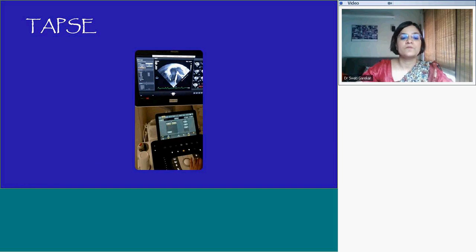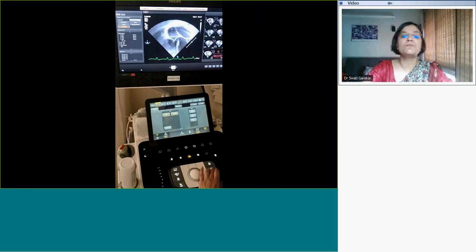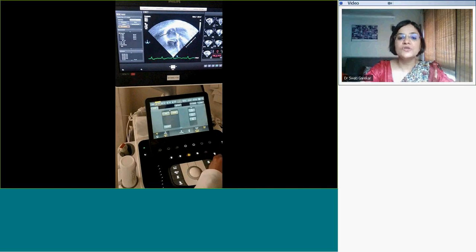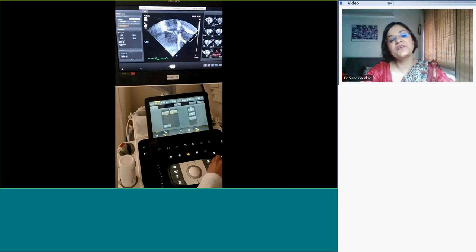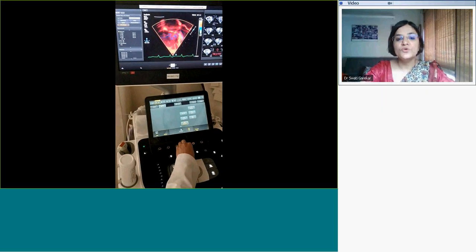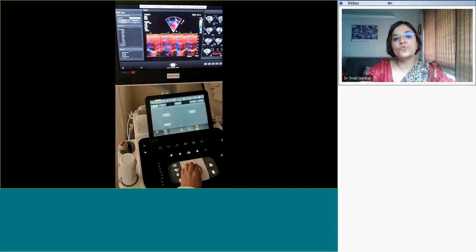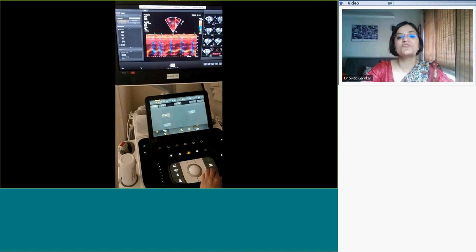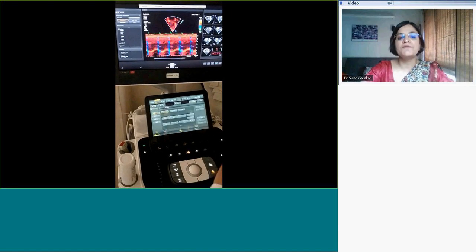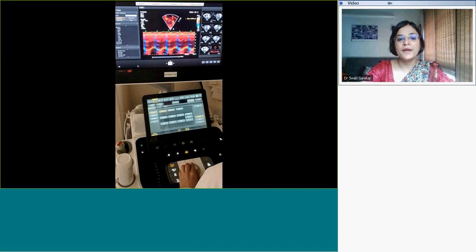TAPSE, remember this is tricuspid annular plane systolic excursion. After we obtain our 4-chamber view, we raise the depth and switch on color, and we use the M mode cursor and keep it on that echogenic spot over there, which is the annulus of the tricuspid valve, and we look to see where the high point is.